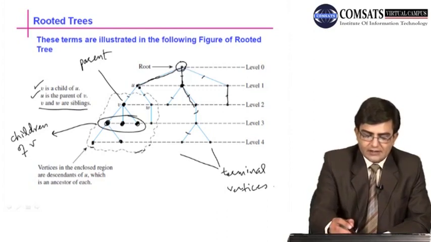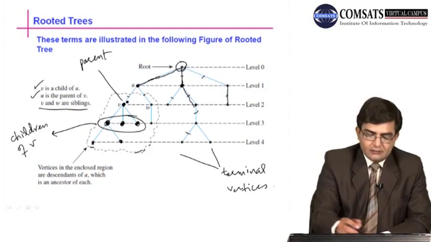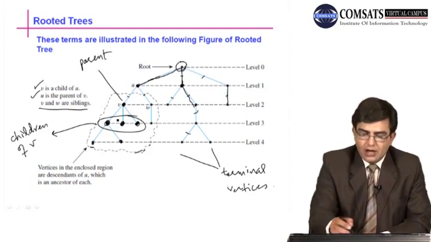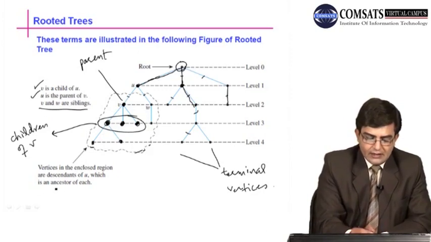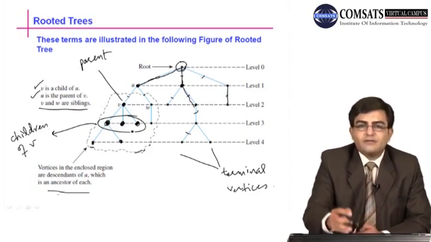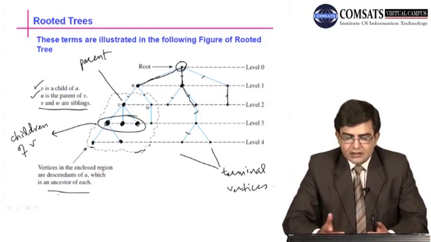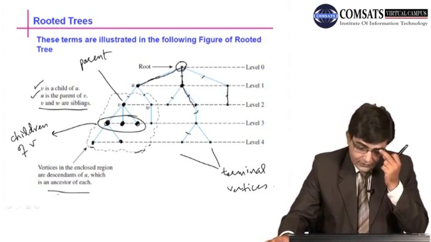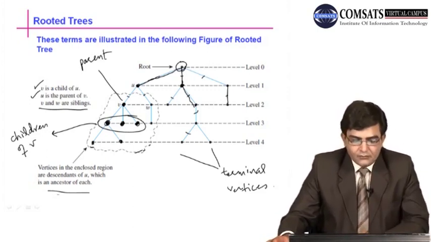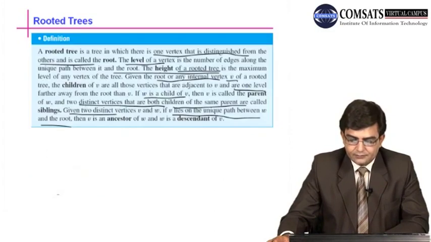So u is an ancestor, and all these vertices which are connected with u and away from the root are descendants of u, and u is called the ancestor of each of these vertices. So this is how we see the descendants and ancestors of vertices in a rooted tree.